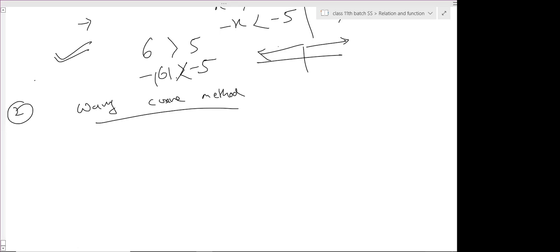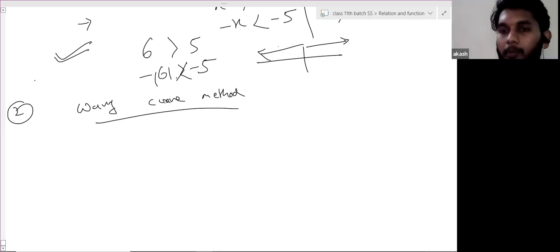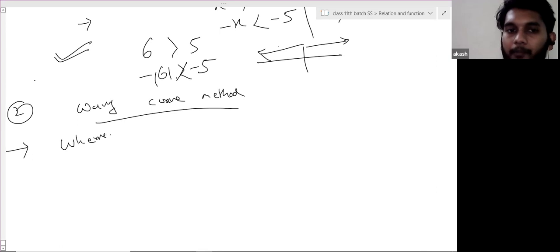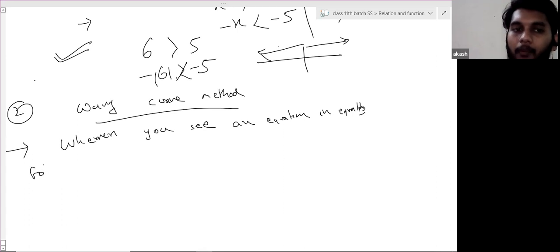Wavy curve method, a very detailed topic we are going to do in inequalities. Now I'm just going to give you hints how to solve. Whenever you see an equation in inequalities, follow the following steps.